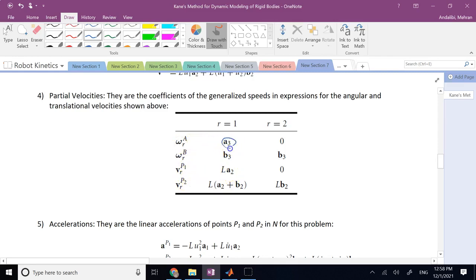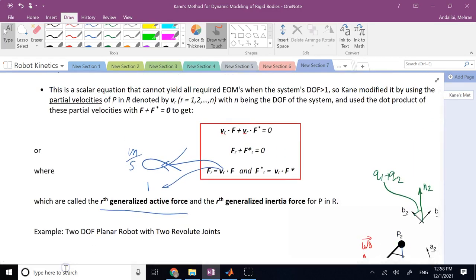Because look, here it's just a unit vector for omegas. And for Vs, it is the unit of length. So you don't see the unit of time anywhere, anything divided by unit of time. So to be more accurate, it's either meter or 1. So you're not really multiplying the force by meters per second to get a power. You are literally multiplying a force by a meter, or multiplying a torque by a 1.